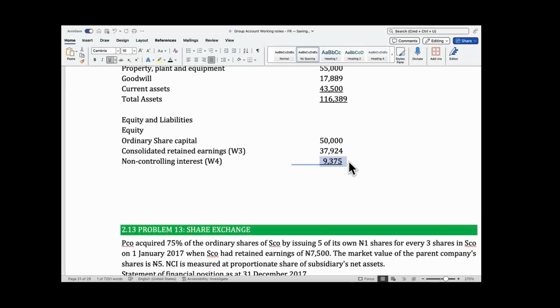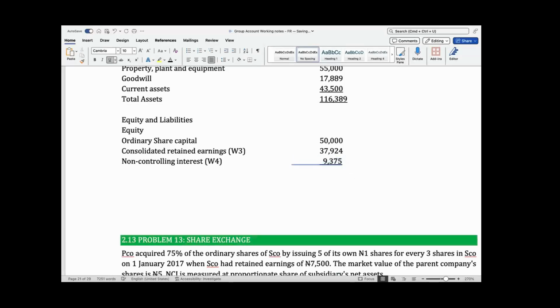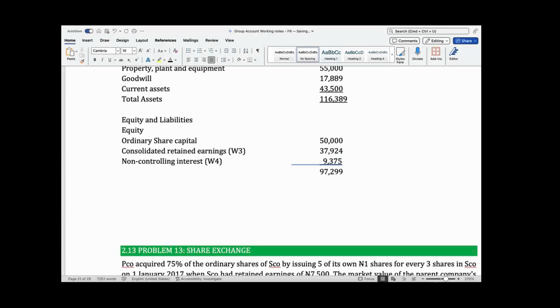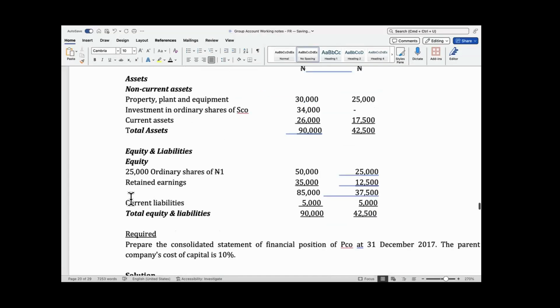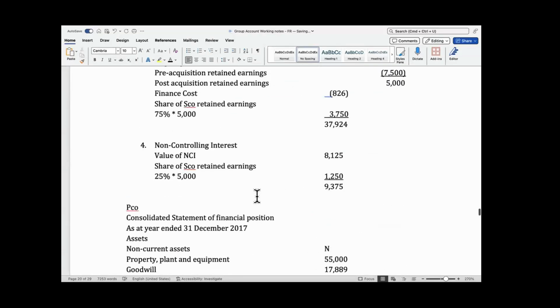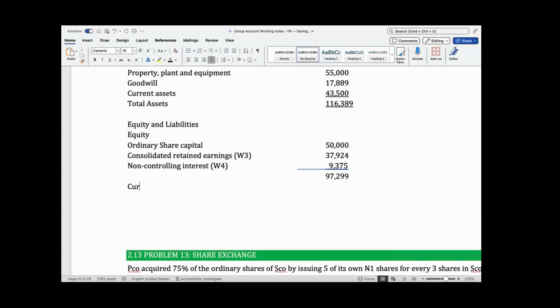Then can you please add this? Let's get our total equity. 97,299. Okay. I was faster than your calculator. Then we can consolidate the current liabilities. How much is the current liabilities? 10,000.